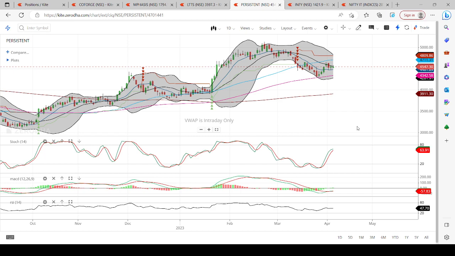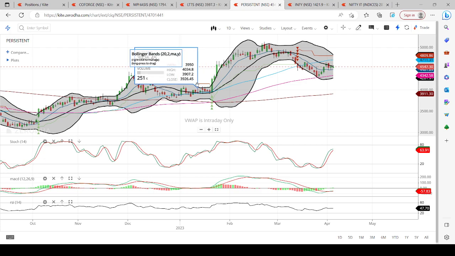And Persistent, we all know very well, these mid cap IT stocks. All the other four, Persistent, LTTS, Mphasis and Coforge, I normally call them wild animals. Whenever they get a trend in a clear direction, they will fly like anything. Look what happened when it crossed and closed above the 20 moving average on the last attempt.